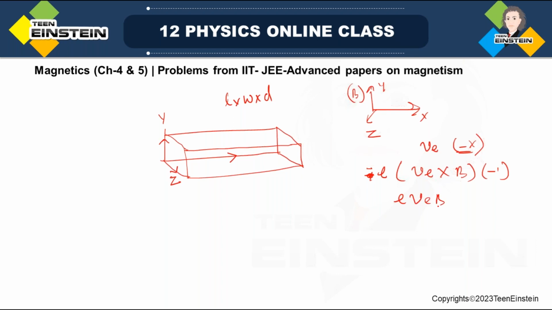So v e B. But what is the direction of the force? We know i, j, k. If you go with the cyclic rule, if current flows this way, electrons flow in the negative i direction. So i cross j will give you positive k.